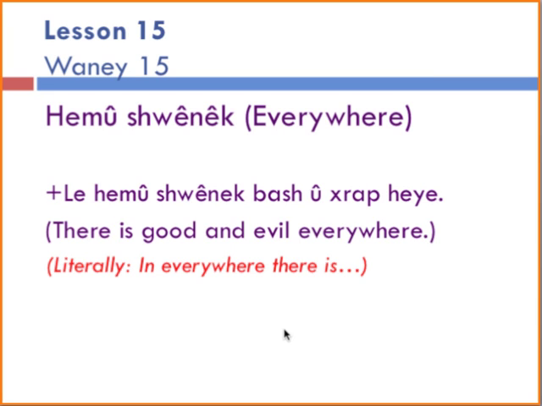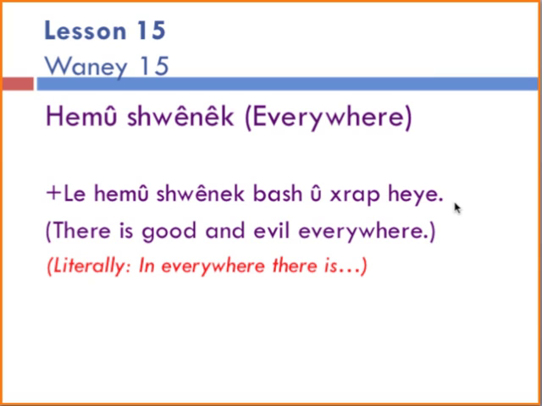The third word is everywhere. In Kurdish, it is actually two words, hamu shönek. And one example for that. I want you to learn the sentence structure. You can forget this one and replace it with any other thing, but what is important is how you construct the sentence.